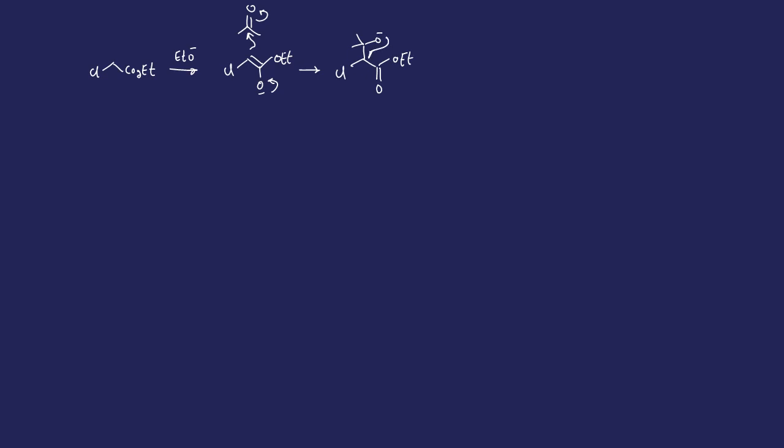The negative charge takes over here while expelling the chlorine atom from the molecule, and we get the product which was the target material at the start. So here we checked out how we utilize diazoacetic ester in making a three-membered ring system. So this is known as Darzens reaction.